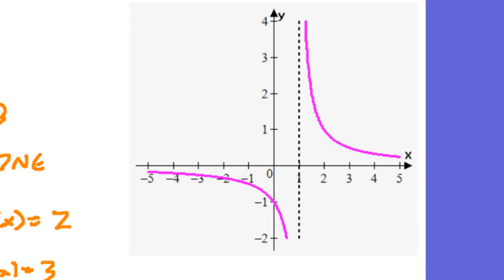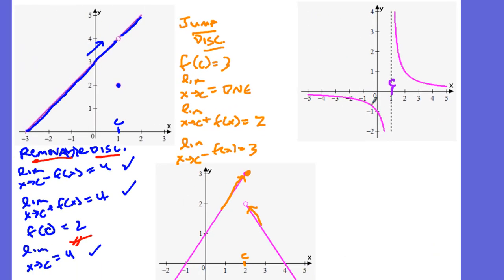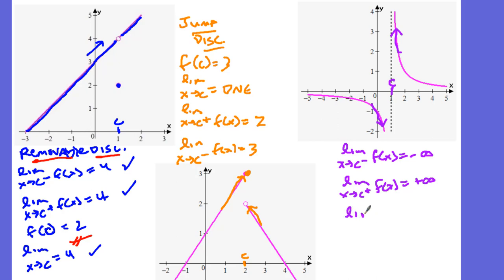And last but not least, we have a last function right here. My c value is going to be right here. As we approach, the limit as x approaches c from the left of my function goes toward negative infinity. We're going down. As we go to the right, the limit as x approaches c from the right of f of x equals positive infinity. You can see these are not bounded, which means the limit as x approaches c of this function overall does not exist.